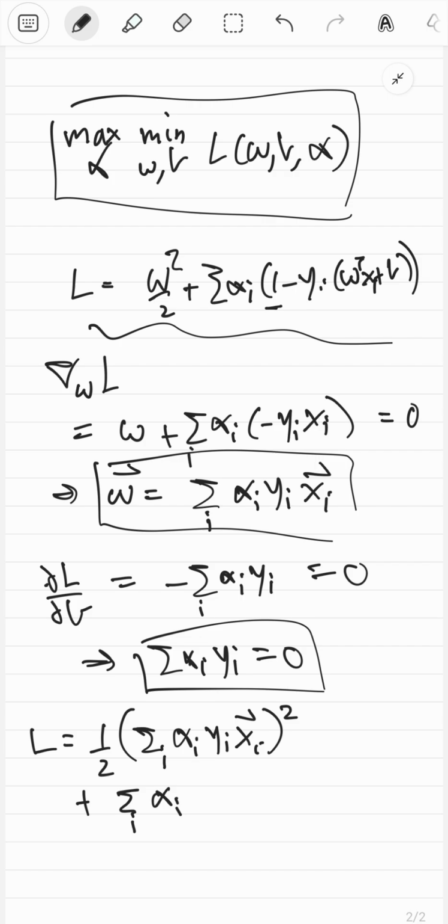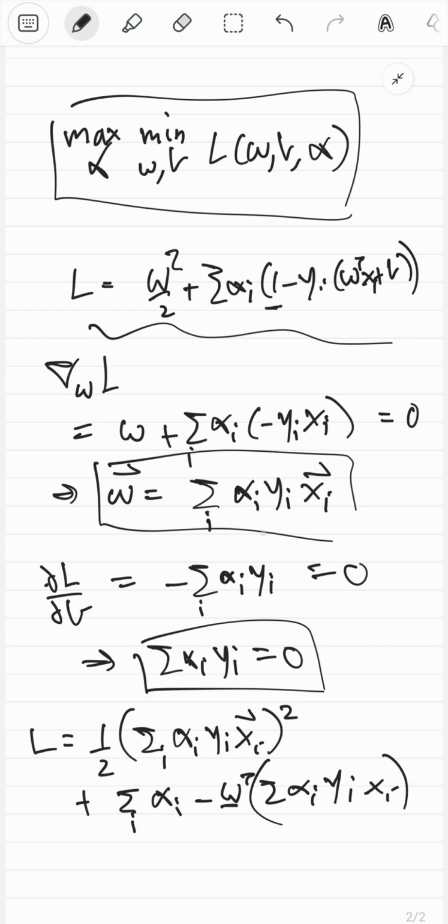Then minus summation of alpha i yi omega transpose xi. But you can make this omega transpose come outside, because it's linear in the end. And so this summation is the thing.